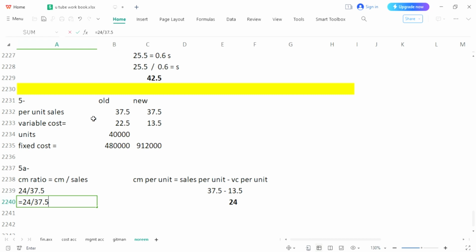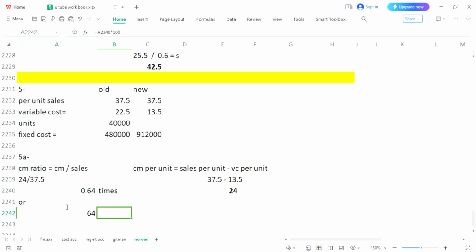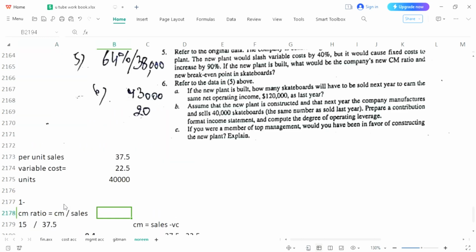37.5. So 24 divided by 37.5, we have got 0.64. You can write this answer in terms of time, or if you want to change it in terms of percentage, what you will do, you will take this answer and will multiply by 100. So you have got your answer 64%, first part.